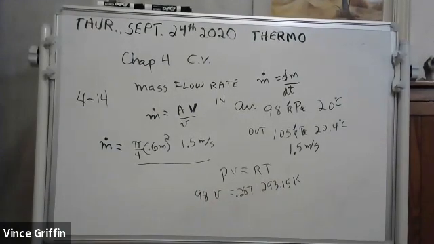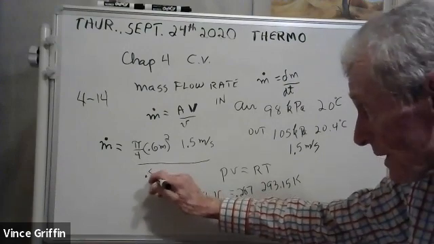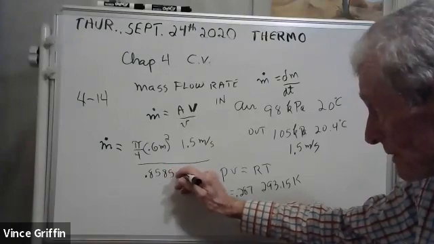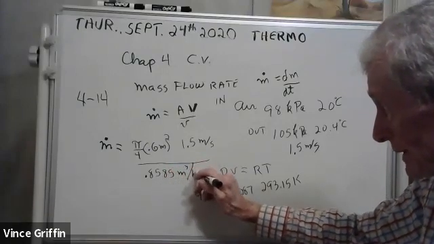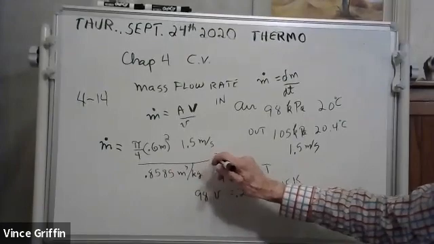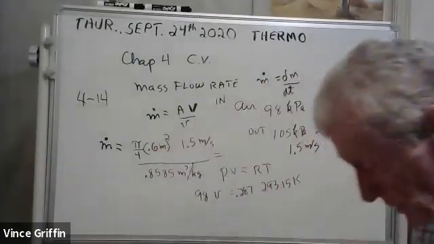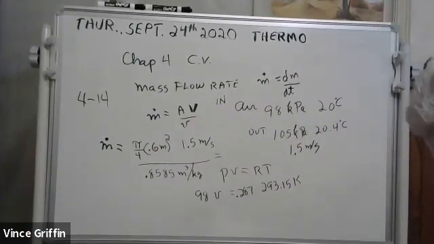Let me go ahead and get it. Okay, I got the specific volume. I'm getting 0.85 cubic meters per kilogram. Now all we got to do is plug that in. We have 3 minutes left. Plug that in. You have 1 minute to do that for me, and I'll tell you what I get for the mass flow rate. Go for it.